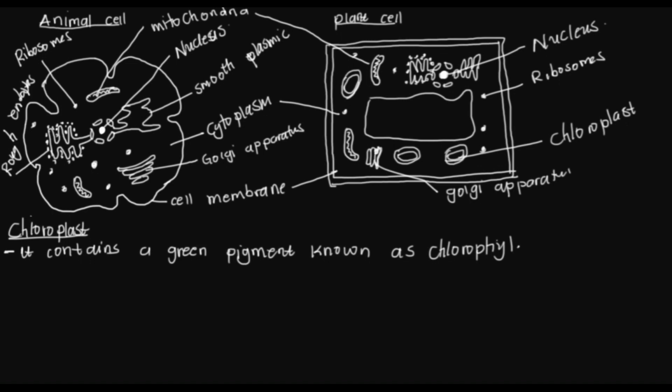The thylakoids are folded on top of each other to form what we call a granum, plural grana. Here it is filled up with a liquid called the stroma. So inside the chloroplast there is a liquid, what we call the stroma. Then the same chloroplast is surrounded by a membrane.